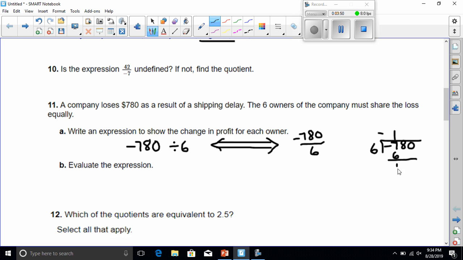That's going to leave us 180. How many times does 6 go into 18? 3 times, which gives us 18. And, of course, we have to fill in that 0 there. So our answer is going to be a negative 130. All right, and we're off to number 13.